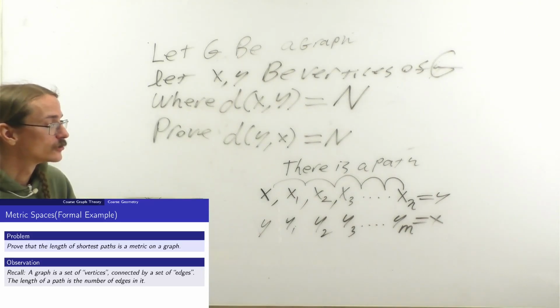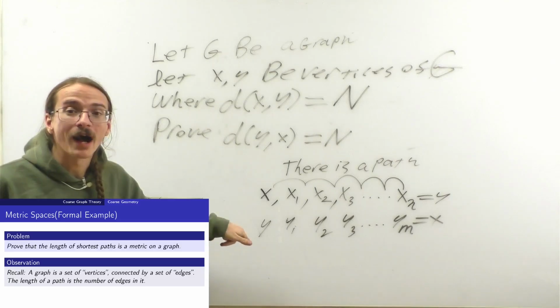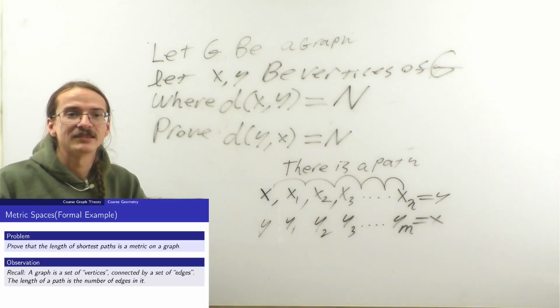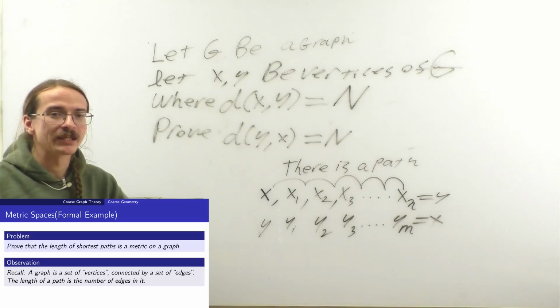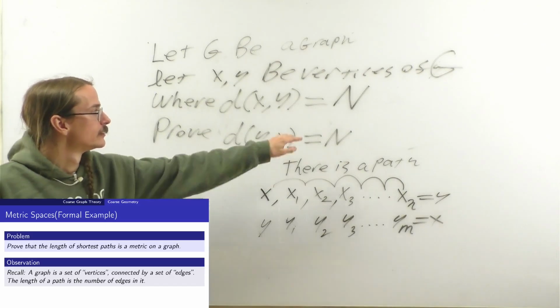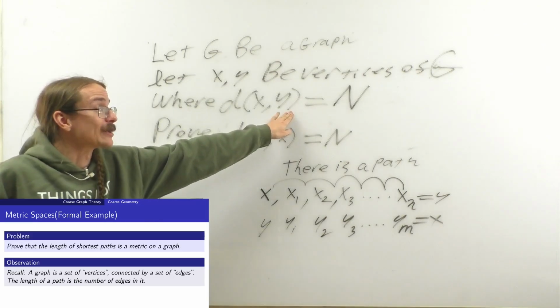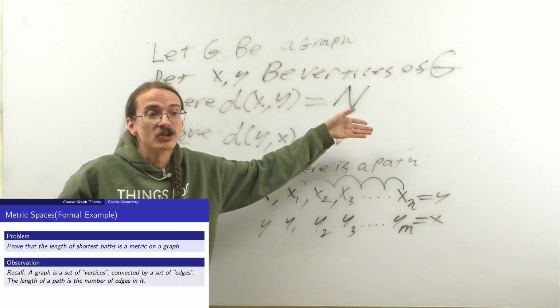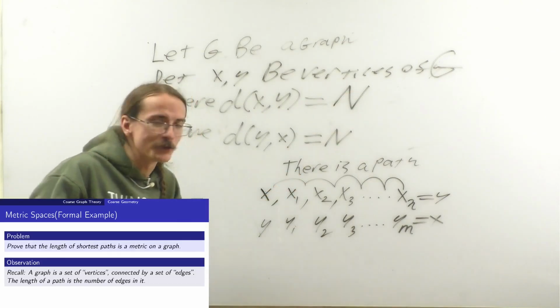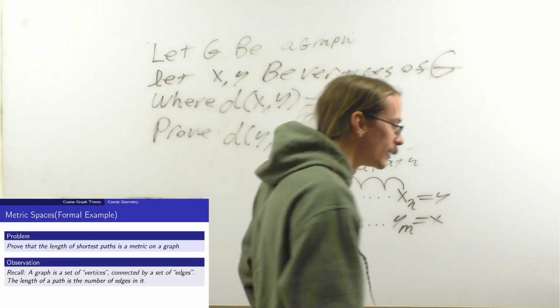Go backwards, and now I'm going from X to Y in only M hops instead of in N hops, and this is a problem because the distance from X to Y, there can be no shorter path than N. So contradiction achieved, QED.